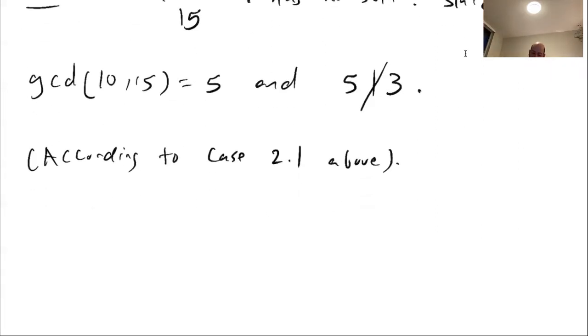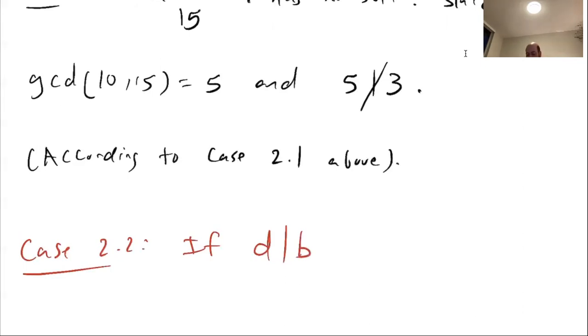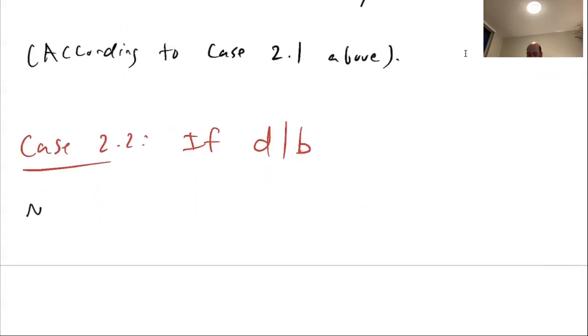Now, the only case that is still left, case 2.2, if D divides B, which means if D is a factor of B, what should we do in this case? So I want to give you a remark here.